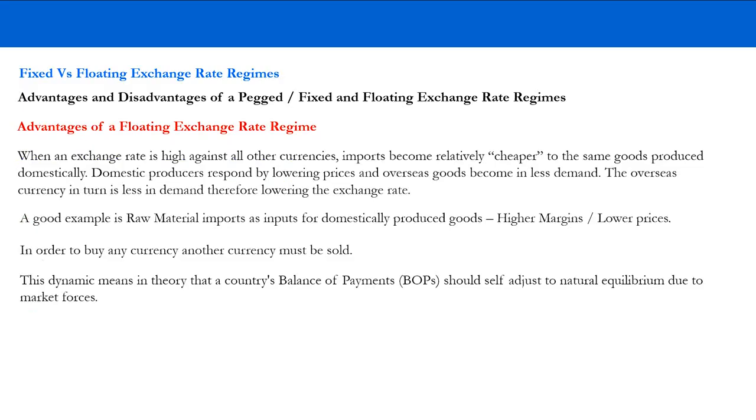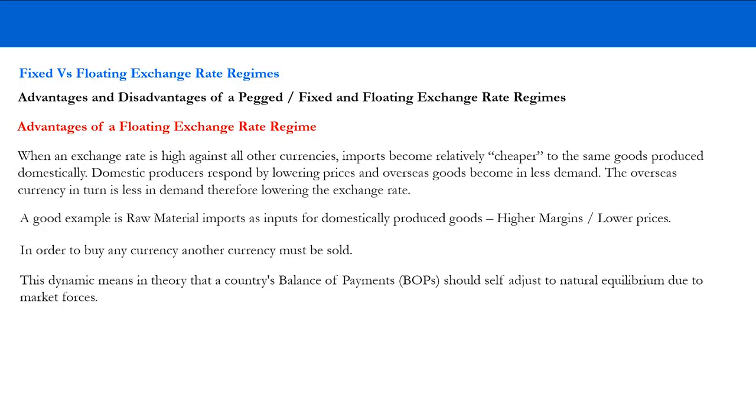Now, this example with the importers, a good example is raw material imports, for example, as inputs for domestically produced goods. So what happens when a manufacturer that requires an input from abroad experiences an increase in the exchange rate?